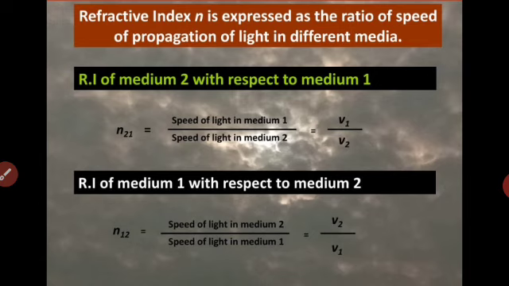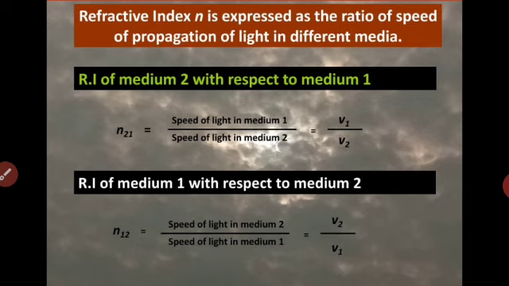You can also make a note here that n21 and n12 are actually reciprocal of each other. So, if you know that the value of n21 is say x, then the value of n12 would be 1 by x. It is as simple. Also, the refractive index does not have any unit because it is the ratio of same quantities, that is velocity.